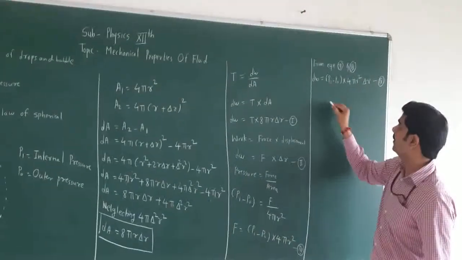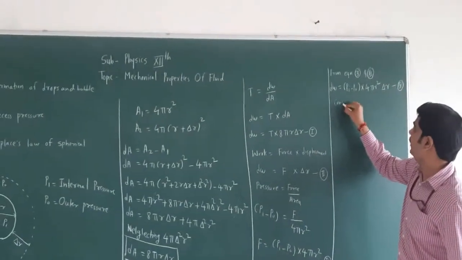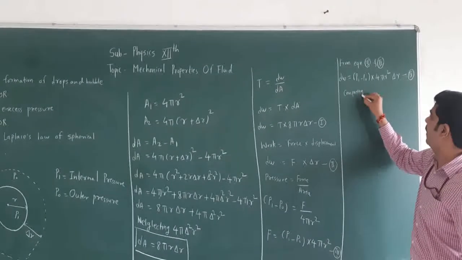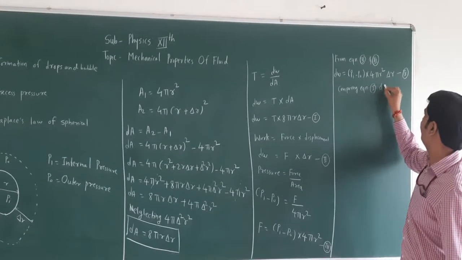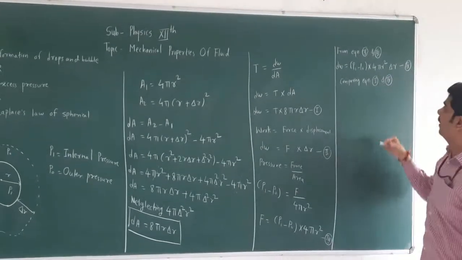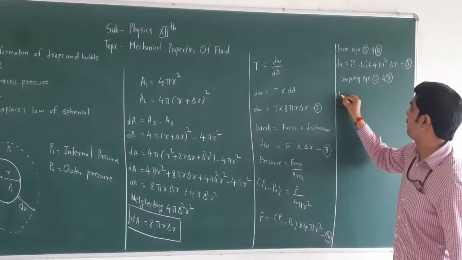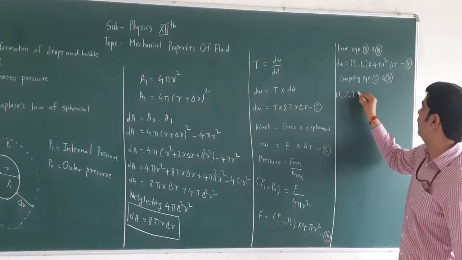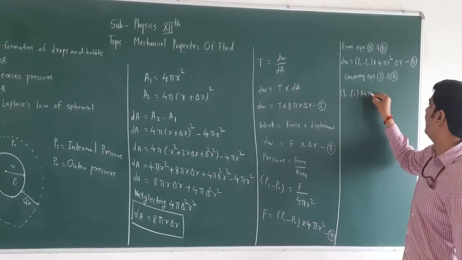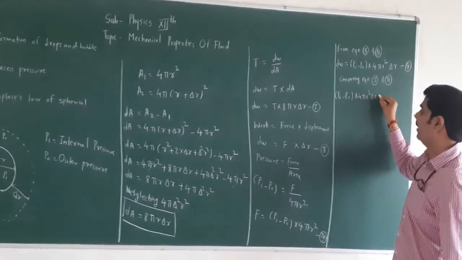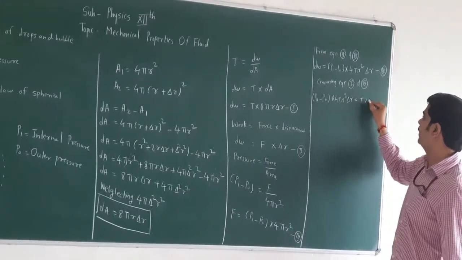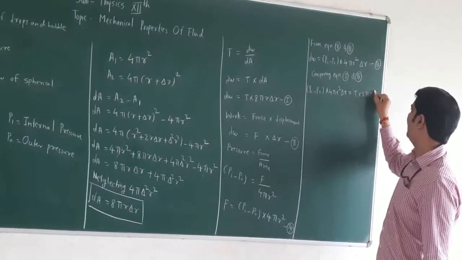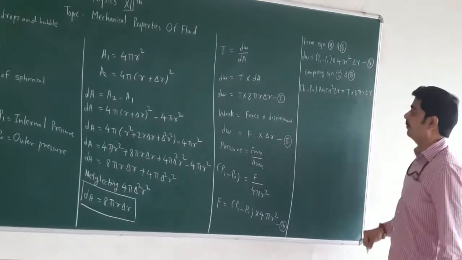So comparing equation 1 and 4: Pi minus P naught into 4 pi r square delta r is equal to T into 8 pi r delta r.